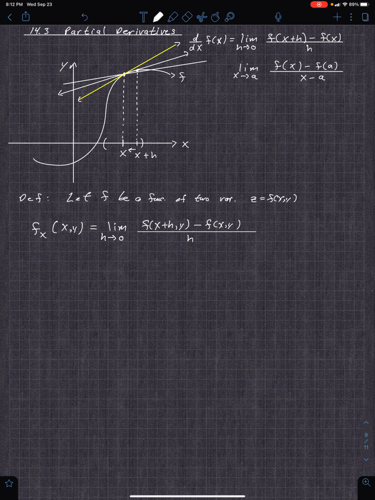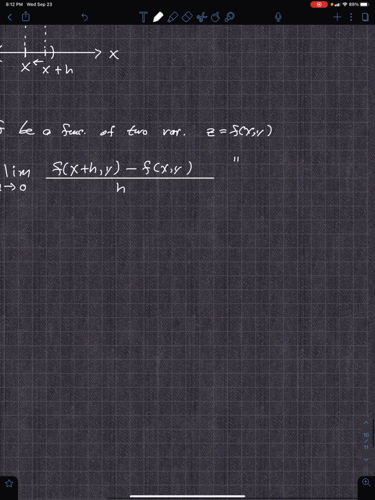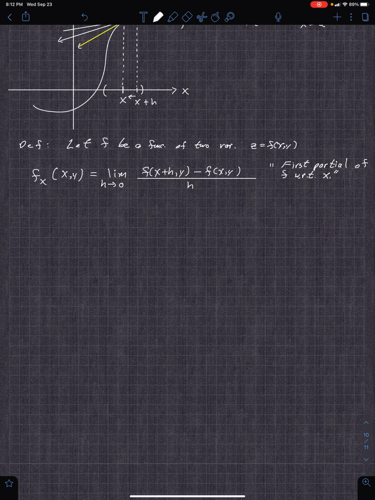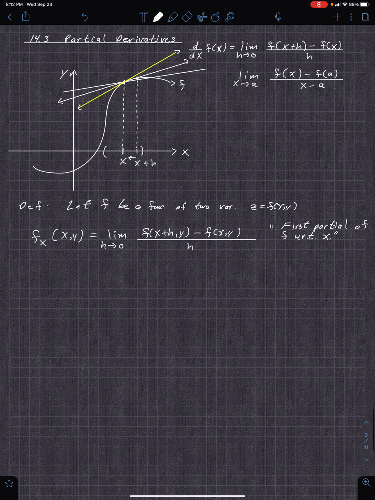And so that terminology is, you would say, the first partial of f with respect to x is how you state it. And you can see that the limit definition is very similar. It's just that these all have comma y's in them, comma y. Everything else is the same.